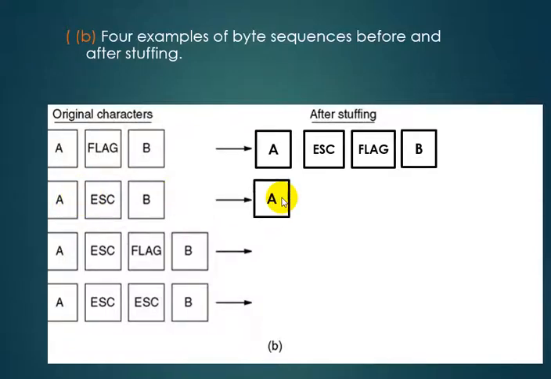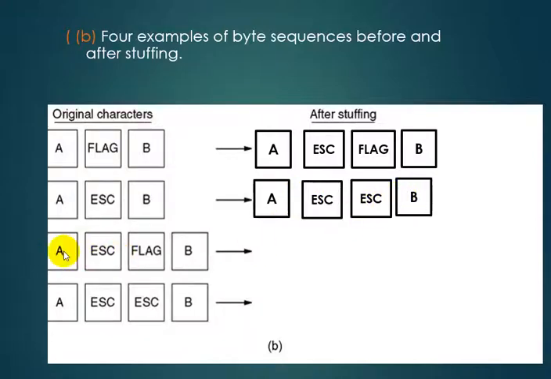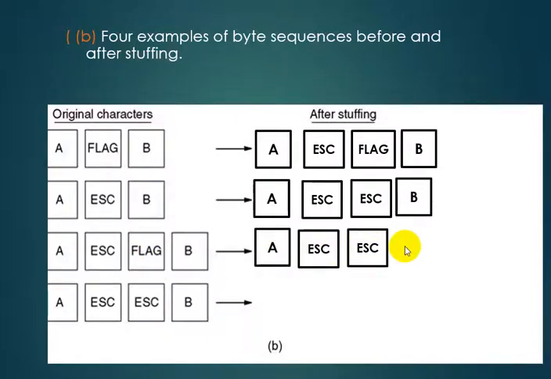So A, escape, original escape and B. And here escape is there and flag is there. So before the escape you have to include one more escape, and before the flag you have to include an escape character. So A, escape, original escape, escape, original flag, and B.